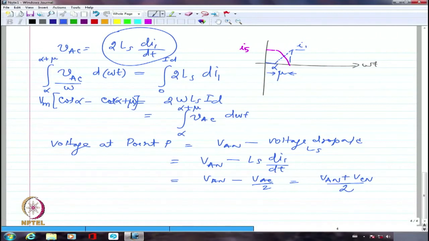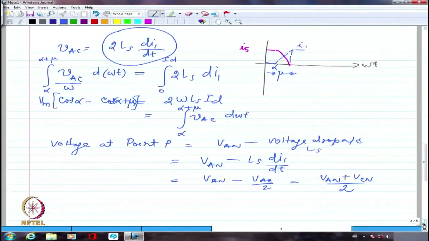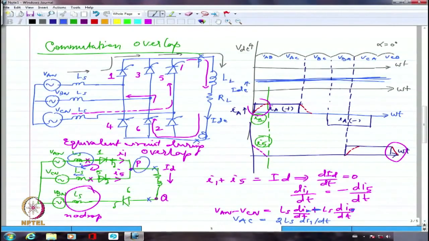Now voltage at point Q, not here. Voltage at point Q I know is VBN itself. There is no drop in the inductance and there is a current flowing, so this device is a short circuit. So VBN is the voltage at this point, at VQ.